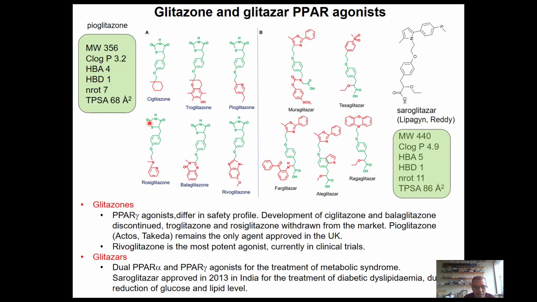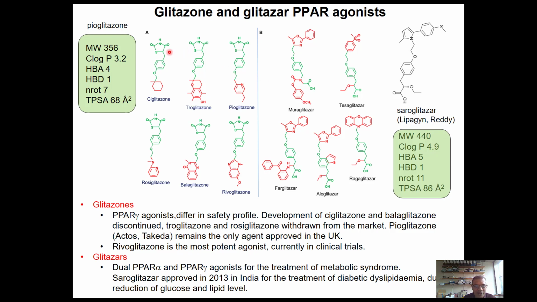And there are many compounds within this class, some preclinical and some that have entered clinical trials and some that were approved. At the moment, the only one that's in use in the UK is pioglitazone, which is shown here. And you can see the different examples within this class have similar properties.